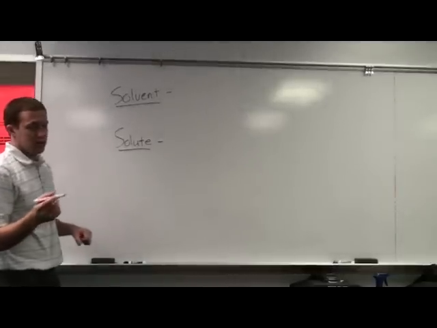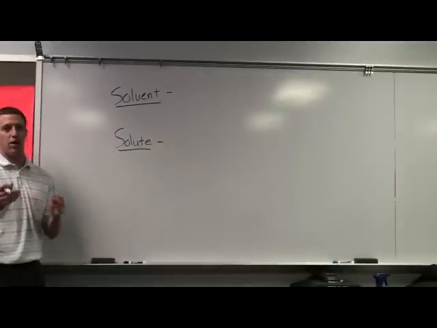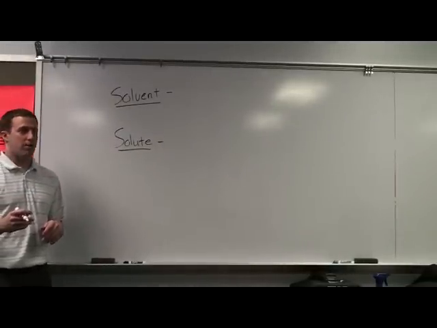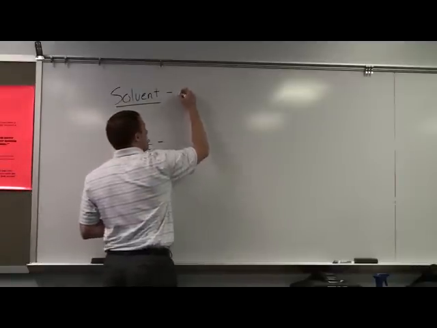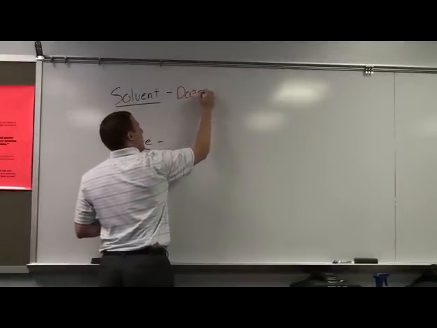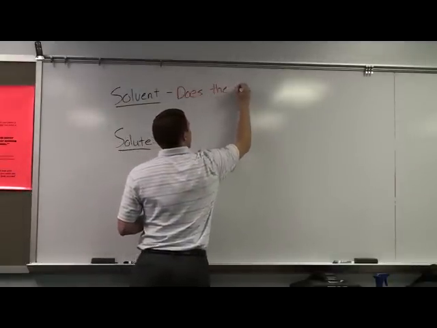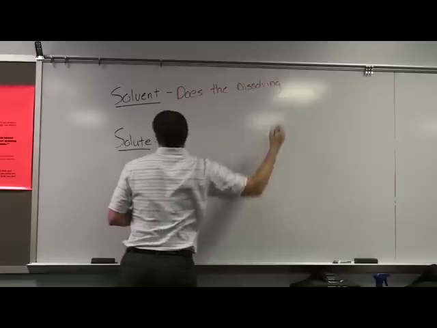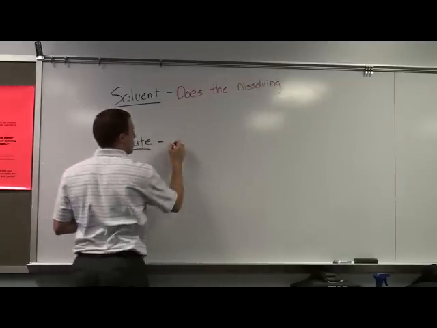Okay? When you put two things together, say we put Kool-Aid and water together, right? What's the solvent? The water. So it does the dissolving. The solvent does the dissolving. The solute gets dissolved.